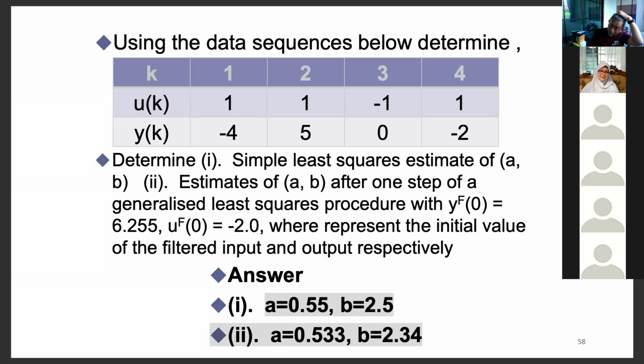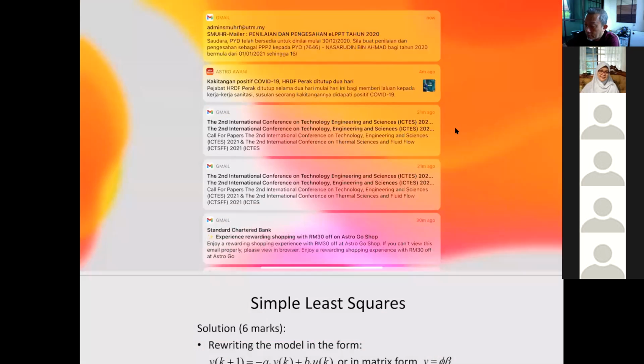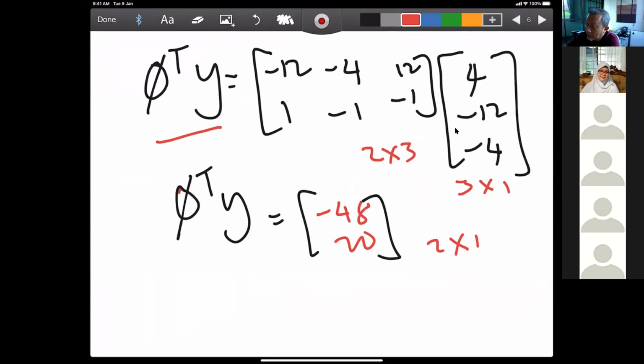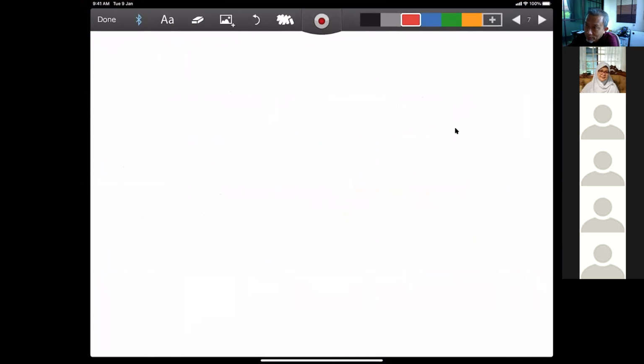Is it undamped, underdamped, overdamped, or critically damped? Mine is underdamped. Underdamped means your zeta is between 0 and 1, so you can choose any values that produce zeta between 0 and 1. So the values for the resistance and inductance must be based on the underdamped system? You can choose any values as long as they can be simulated, can be experimented with, and are available in the market.